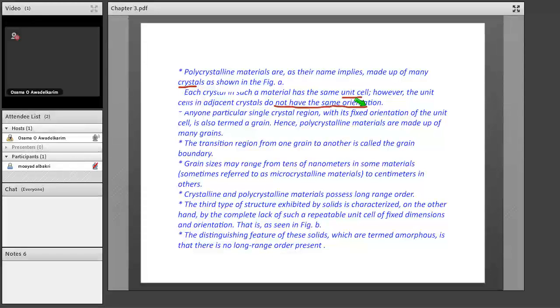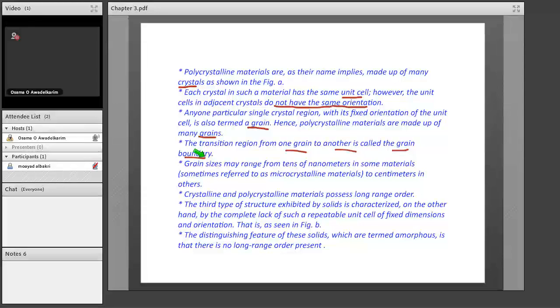Any one particular single crystal region with its fixed orientation of the unit cell is also termed a grain. Hence, polycrystalline materials are made up of many grains. The transition region from one grain to another is called the grain boundary. That's the amorphous region, if you like, the region that is not regular between grains.